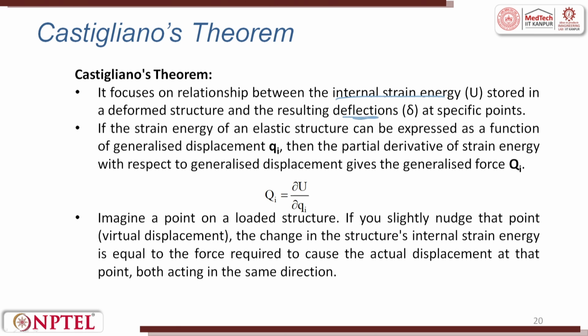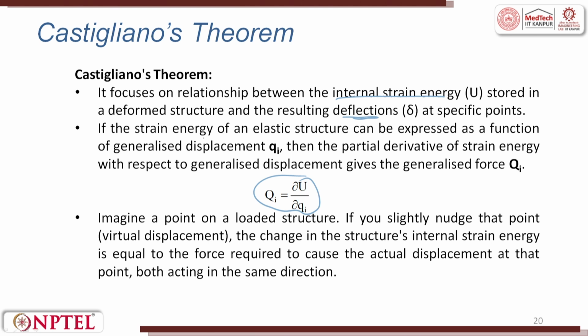a specific point. If the strain energy of an elastic structure can be expressed as a function of generalized displacement Qi, then the partial derivative of strain energy with respect to a generalized displacement gives the generalized force, which is nothing but Q is equal to dou U by dou Q. Okay.